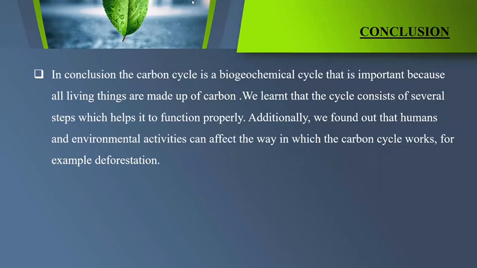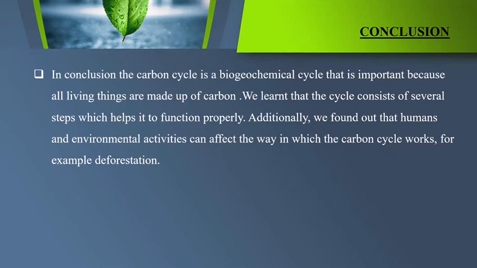To conclude everything that was just presented, basically the carbon cycle is a biogeochemical cycle which is important because all living things are made up of carbon. Now we learned that the cycle consists of several steps which aid it to function properly.